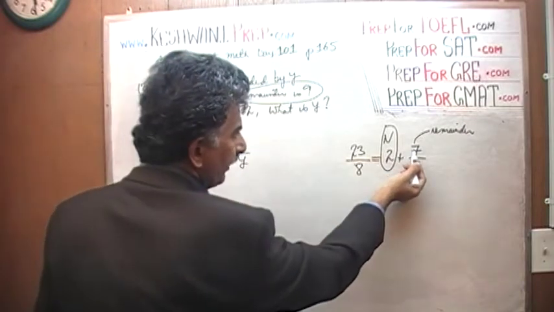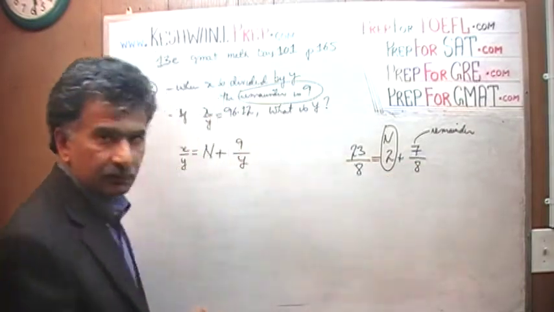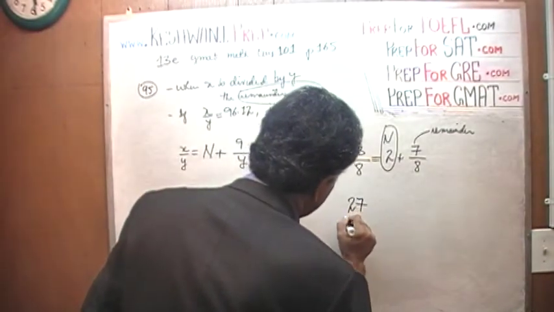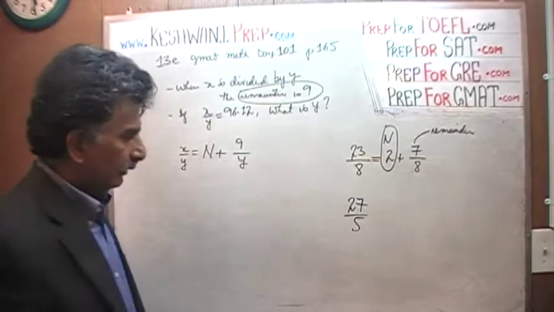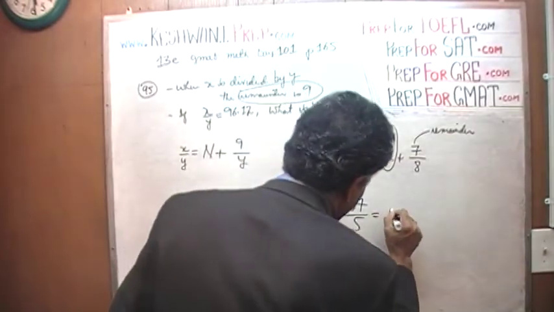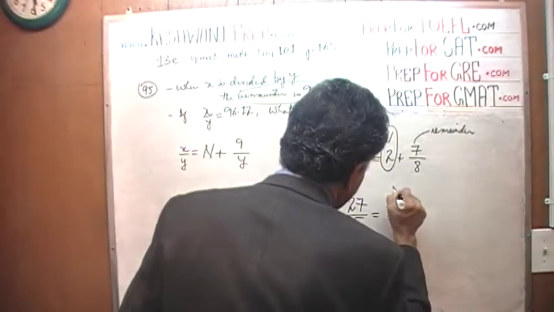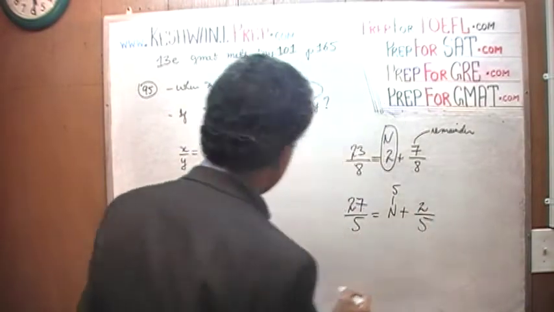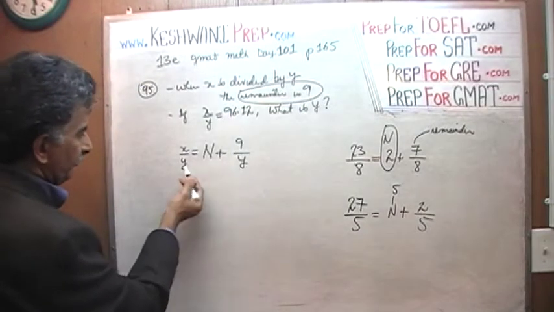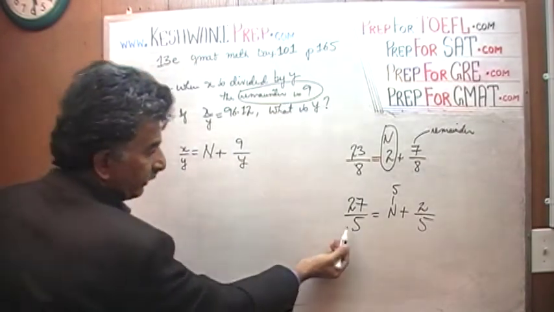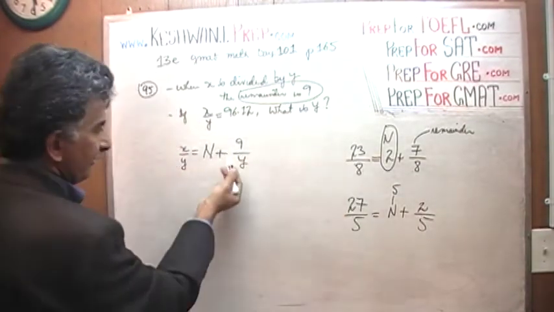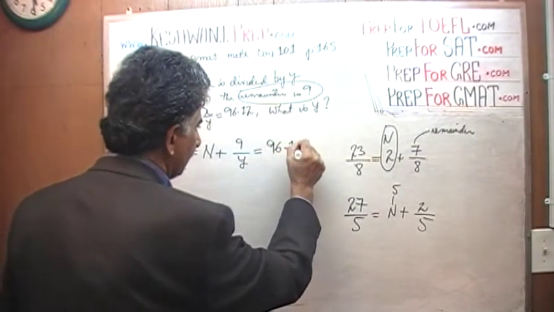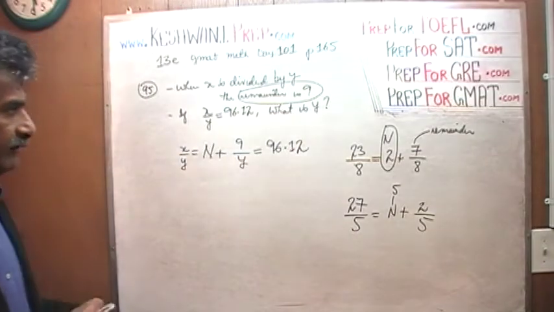We can do one more if you like. For example, 27 divided by 5 will be 5 plus 2 over 5. You see, here we're dividing by 5, and here we're dividing by 8. So it's this part, and we are told that this equals 96.12. You understand?